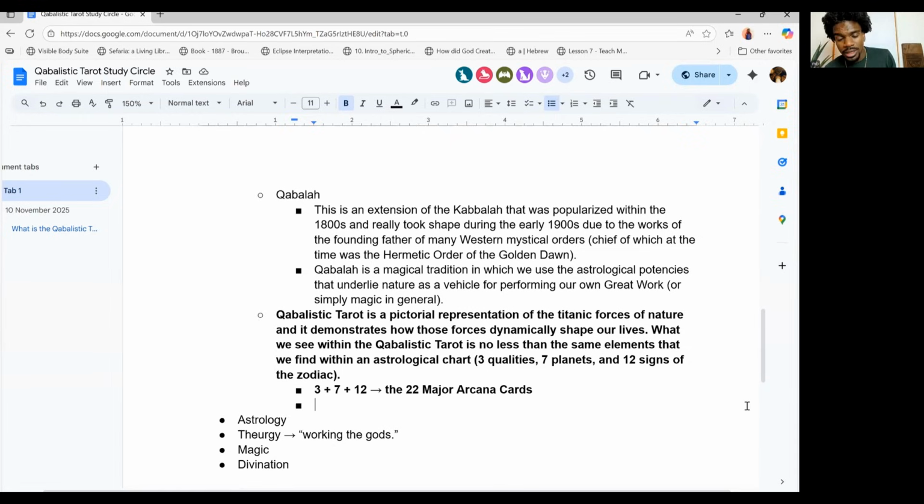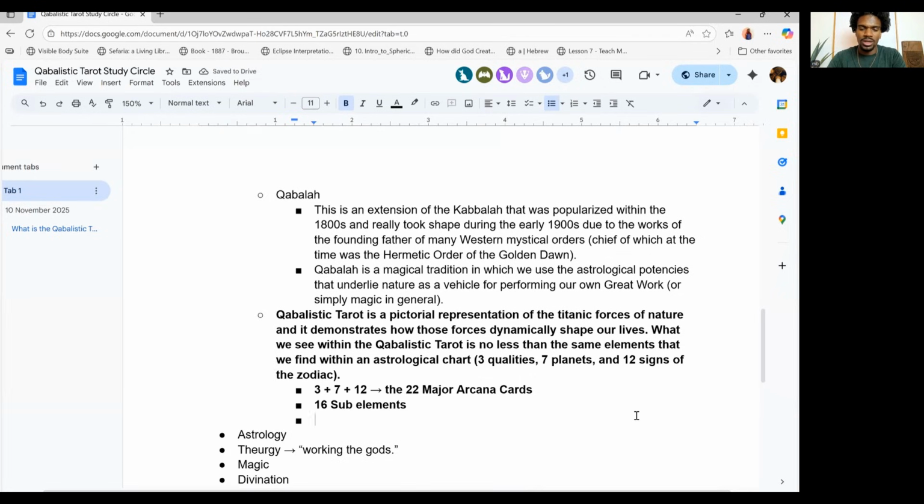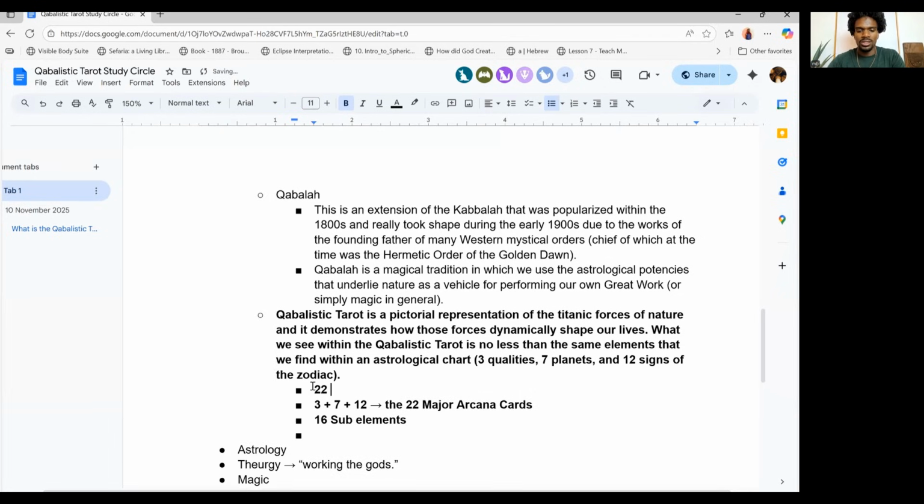And then from there, I just want to break down the cards one second so that you can see something. We have 22 Major Arcana cards, and that's how that's divided.